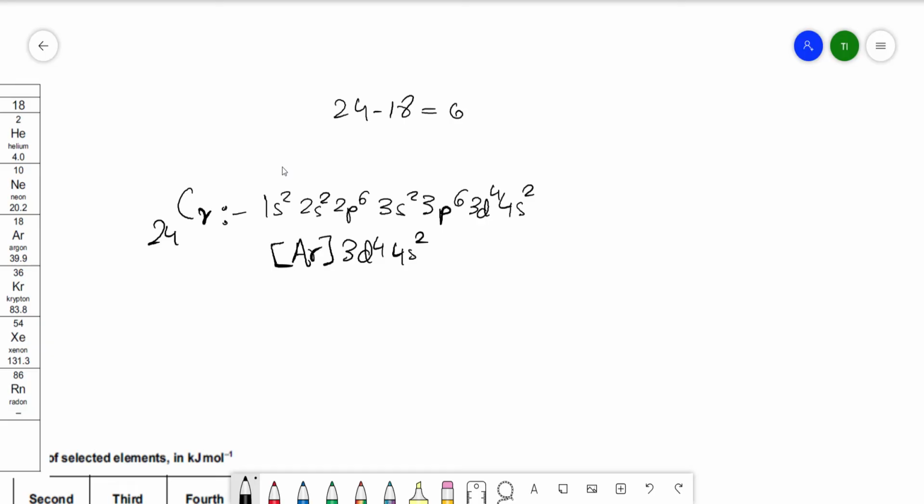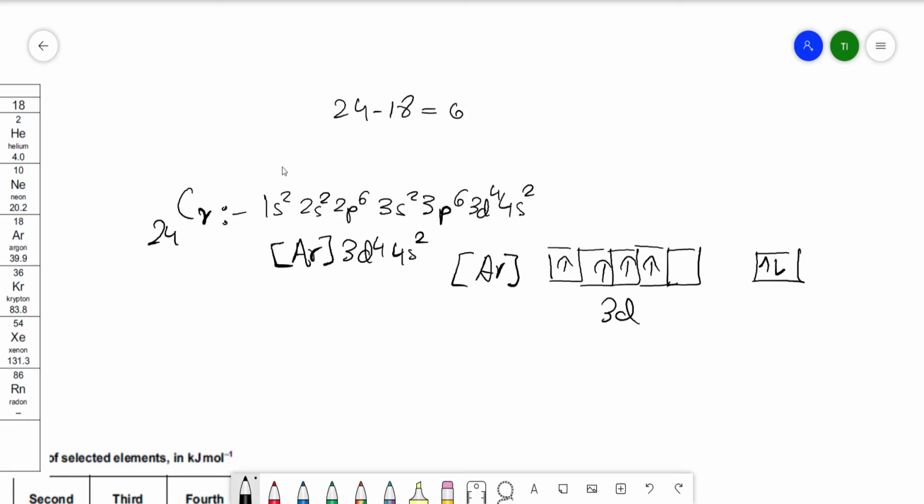Now this is how I would normally write it, but writing it like this is wrong. The reason is, when you leave it like this, Ar, we assume those are 18 electrons, and then we draw 3d in terms of orbitals, 1, 2, 3, 4, and 5, and then 4s. So there's 2 electrons in 4s.